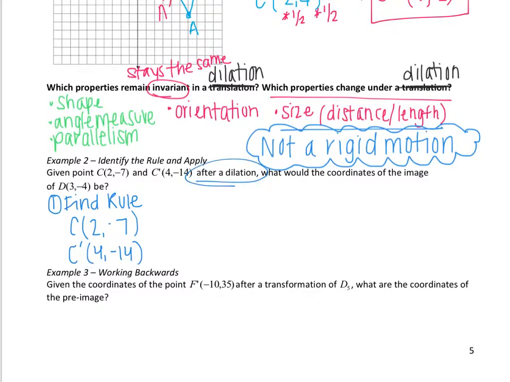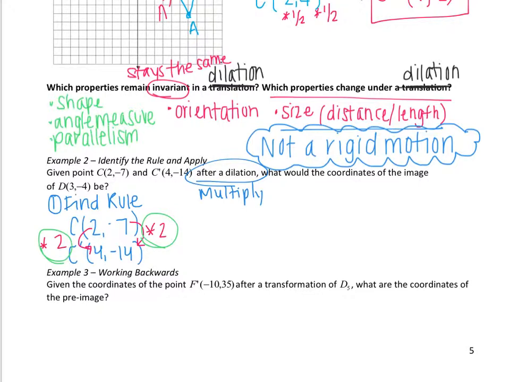Because it's telling me that it's a dilation, I have to think of multiplying. If I go from 2 to 4 by multiplication, that's a multiplication of positive 2. If I go from -7 to -14 by multiplication, that again is a multiplication of 2. When we think about a dilation, these two numbers need to match, otherwise we don't have a proper dilation.